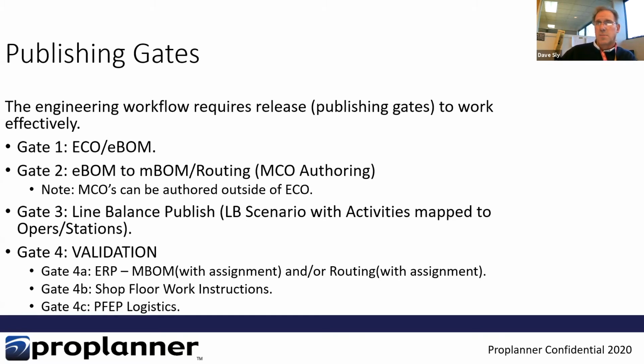And then once that's been completed, the gate where we publish this for the world to see, for the workers to see the work instructions, for the logistics people to get the part delivery requests, for the ERP system to understand what's going to be built in the future, AKA the MBOM and the routing, or what was built yesterday, depending upon where we are in that life cycle.